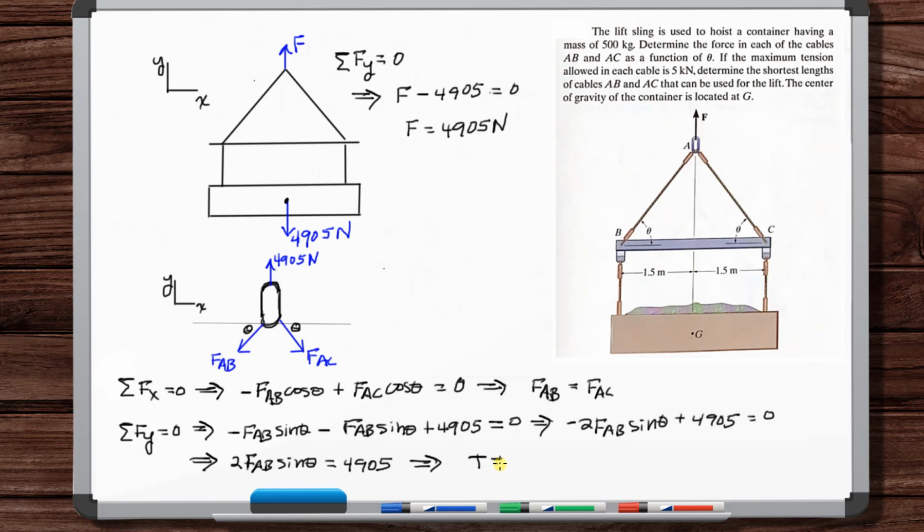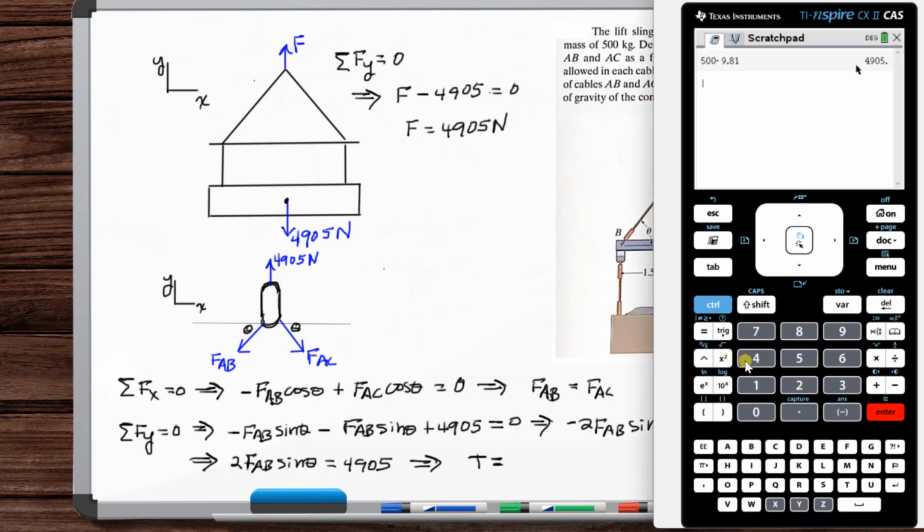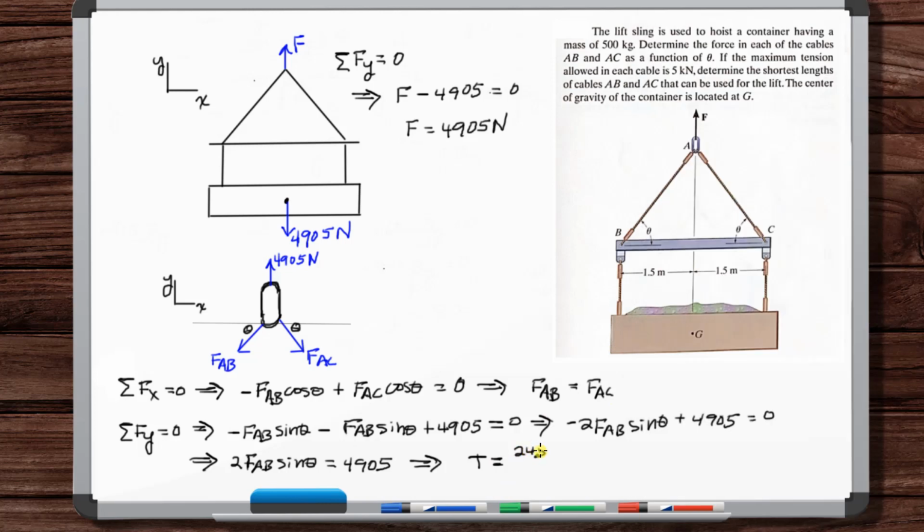We get the tension in the cables, T, is equal to, so what is 4905 divided by 2? 2452.5. Okay, and this is in newtons.